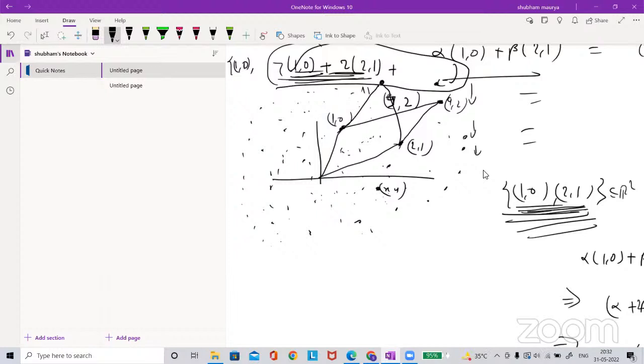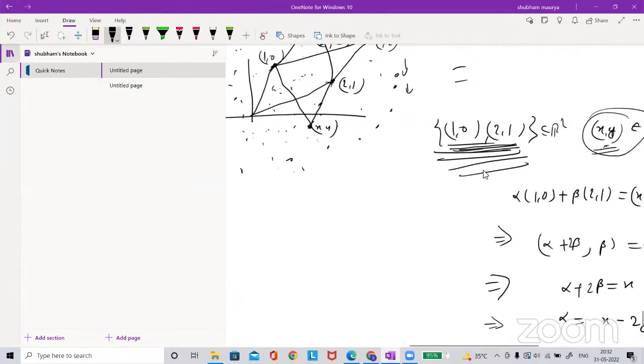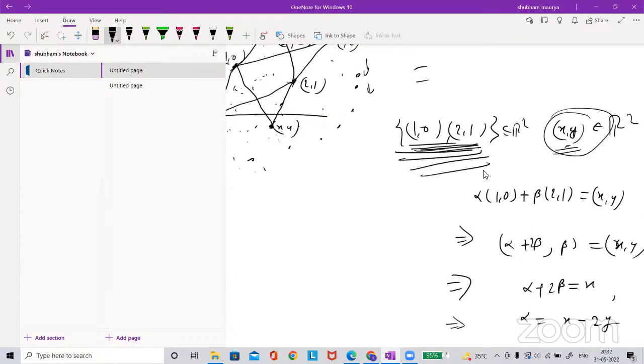This is the way to check whether these two vectors generate or span the whole of R2 or not. Somebody says this set is a spanning set. It means that a linear combination of these two generates (x,y). So I write alpha times (1,0) plus beta times (2,1) equal to (x,y). This is what linear combination means, and that is spanning.